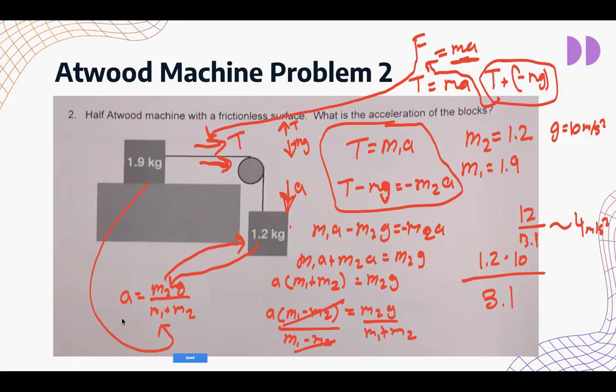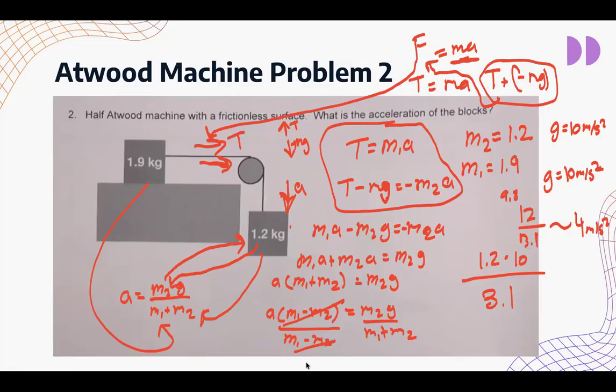And then G is just gravity, which is 10 meters per second squared, or 9.8, whatever you guys take. You'll memorize it. I wouldn't worry too much if you don't get the numbers part because you just substitute it, and that'll come with practice.